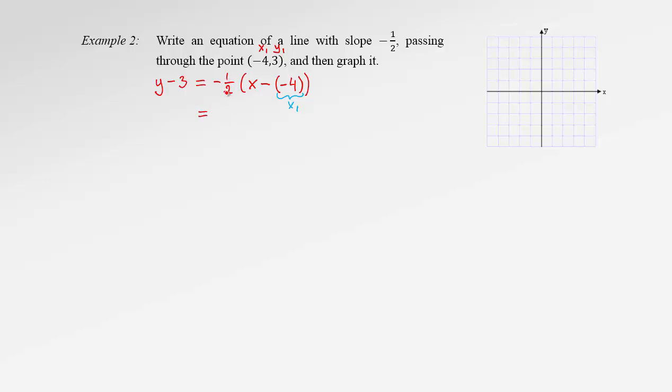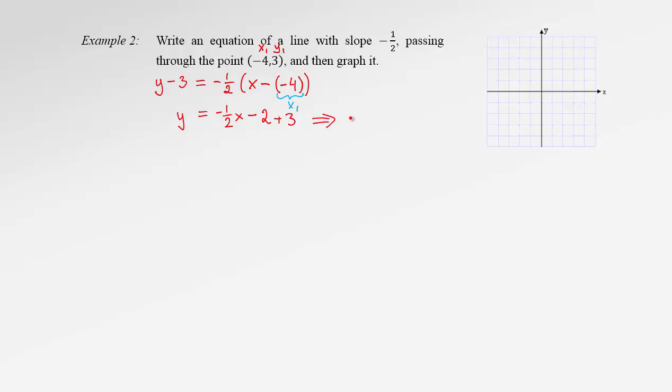We'll get negative 1/2 times x, and these two negatives make it positive, times negative, it's altogether negative 1/2 times 4 gives us 2. In the meantime, we can move the 3 to the other side, so it becomes positive 3 on this side instead of on the left. And the left side is just simple y.